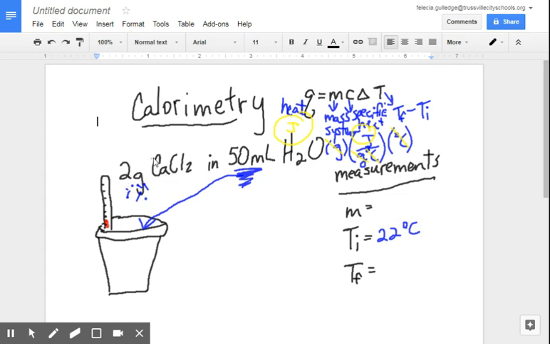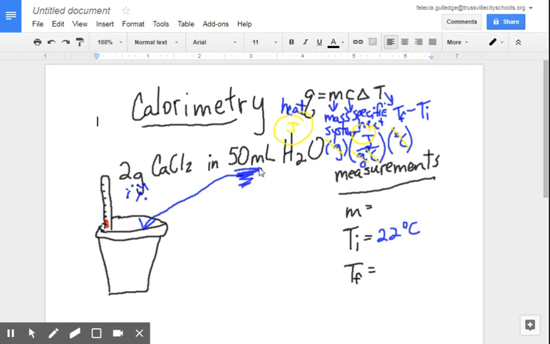Now, I'm also going to measure out 2 grams of calcium chloride. When I combine these two masses into my cup, that is the mass of my system. So it's the mass of this water plus the mass of the 2 grams of calcium chloride. That is my system, the water and the calcium chloride reacting. Now, the question is, well, 50 milliliters, I thought that was a volume.